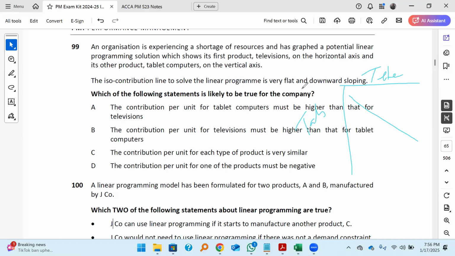It is a line drawn to show where the contributions of two products are the same. So if it's going downwards like this, it means the one on the vertical has a higher contribution than the one on the horizontal. For you to reach the same contribution for the tablets and television, you have to slope downwards, because the tablets have a higher contribution.